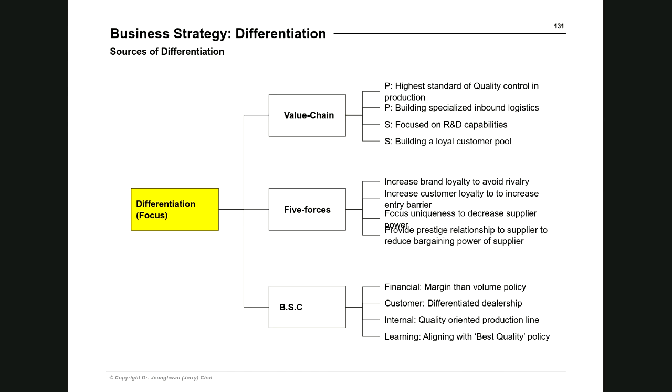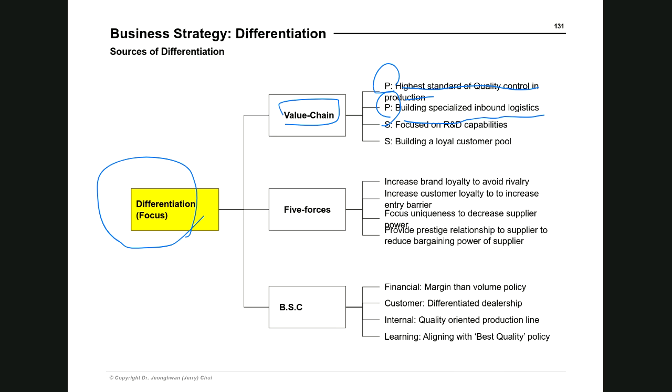Okay? So then, for example, here is an example of what if we use the value chain tool in order to create the differentiated user experience competitive advantage. From the primary functions, the highest standard of quality control in production, and building specialized inbound logistics, like Bosch.